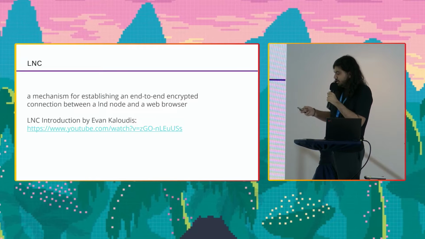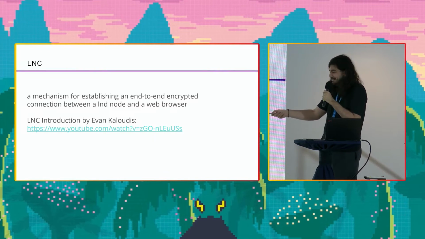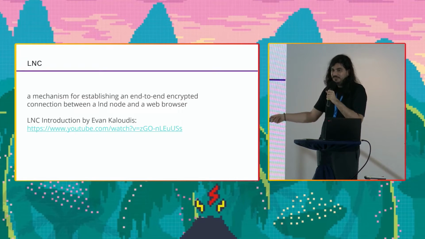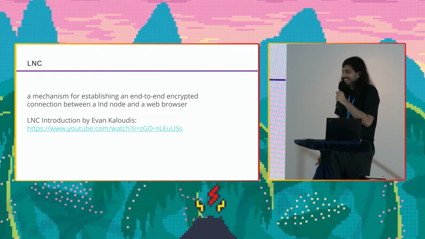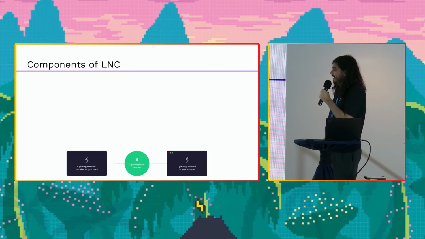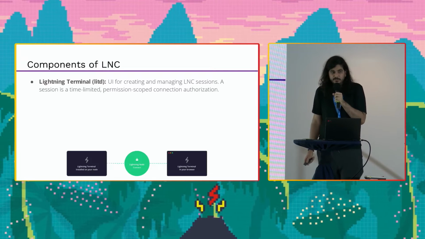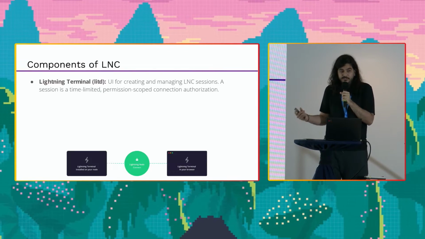So the way LNC works, and you can also see a deep dive on Evan's presentation also on boat.fun. Thank you, boat.fun. It uses the Lightning Terminal for creating the access tokens.